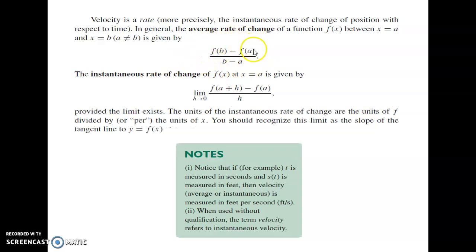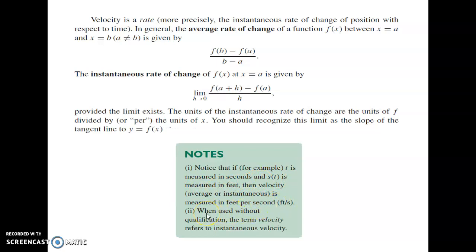And for this average velocity, if I find the limit, then it becomes the instantaneous rate of change. Note that it all depends upon the units: the average or instantaneous rate of change has units of f divided by units of x. So if t is measured in seconds and s(t) is measured in feet, then it is feet per second.